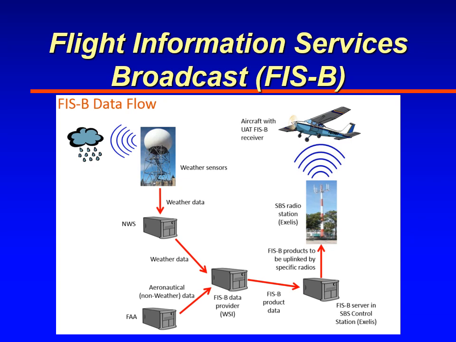The FAA has subscribed with a vendor to format that data so that it does not take up much bandwidth, and it transmits quickly to a ground station, which transmits that information to the aircraft. The data provider is the Weather Company, or WSI. They're the company that reformats that information and packages it so that it can be transmitted by the FAA's ground-based transmitters.